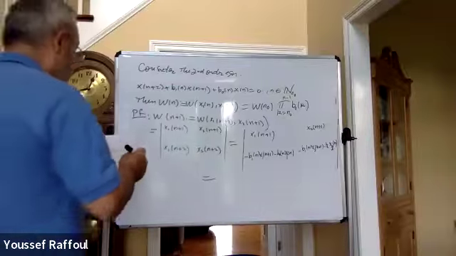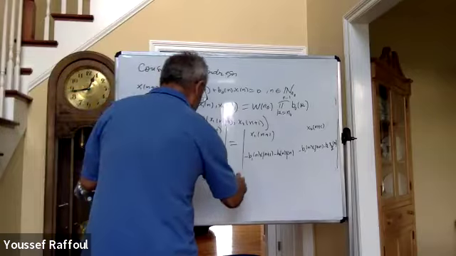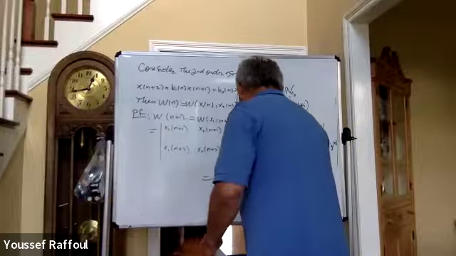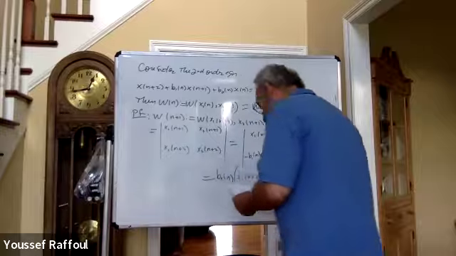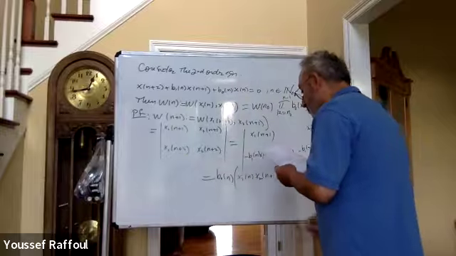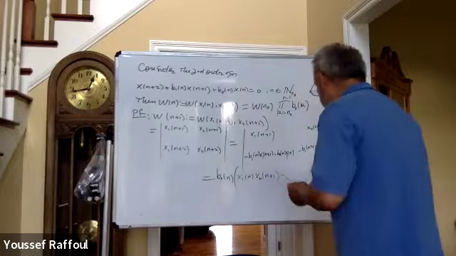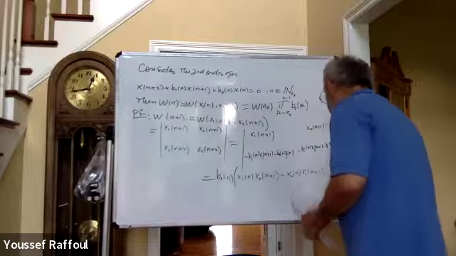okay, so that is going to be, after simplification, b0 of n times x1 of n, x2 of n plus 1 minus x2 of n, x1 of n plus 1.